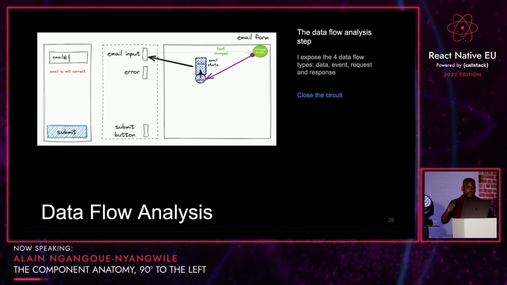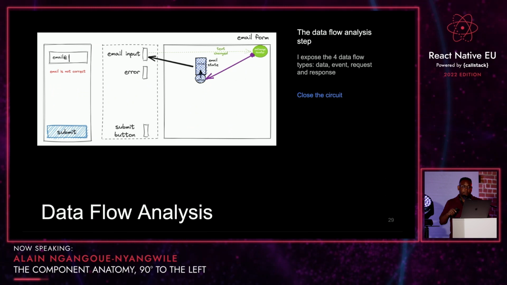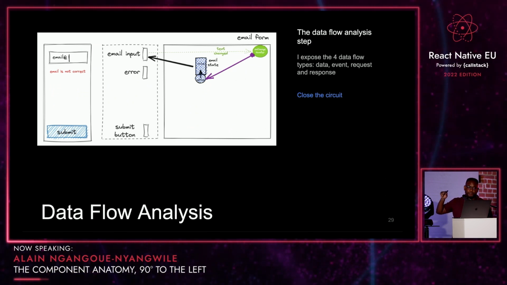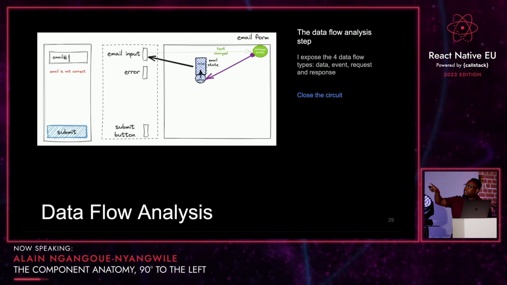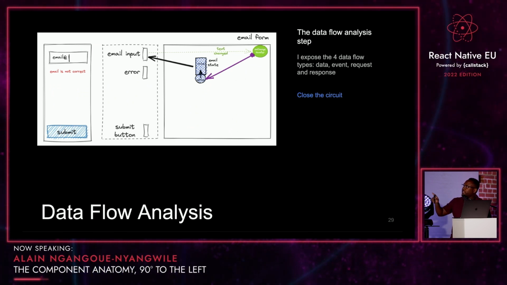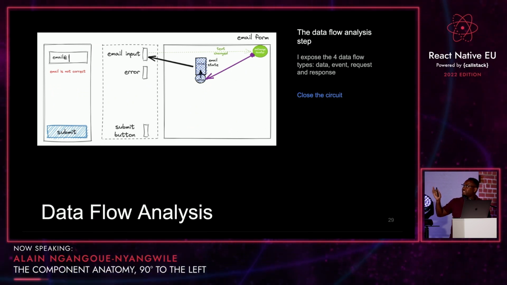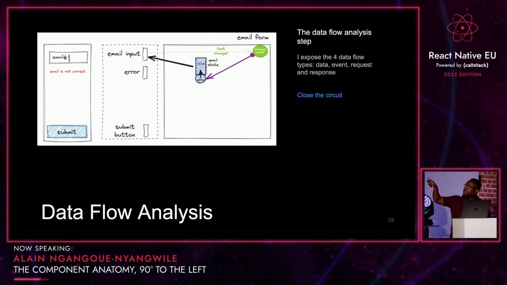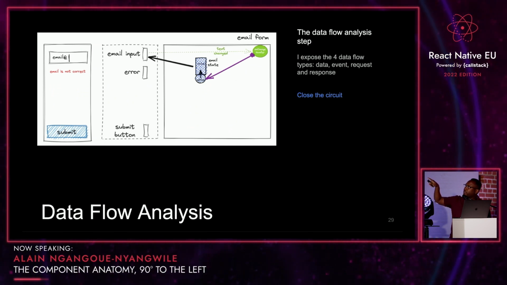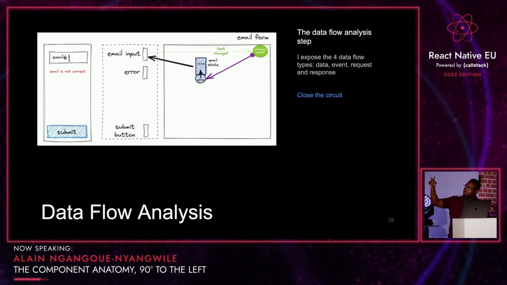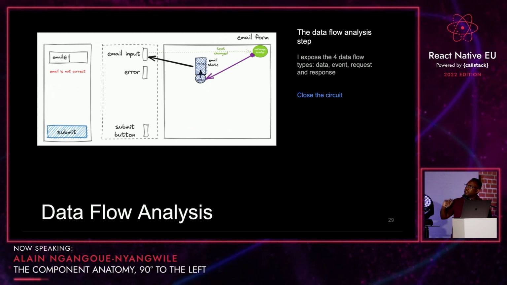And then after, we close the circuit by having a data flow that crosses at least two structures. So in this case, we know that an email input needs a state. So we invoke the setter, the circle in blue, from the onChange handler, and the email state will iterate the email input.